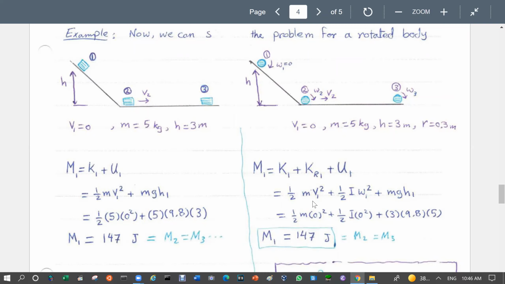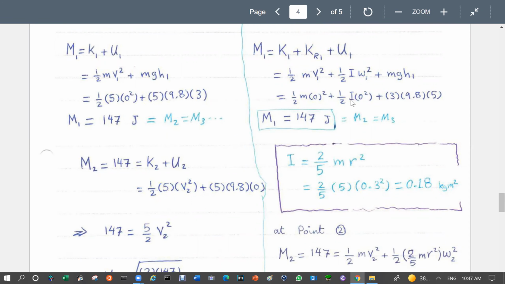So the velocity is 0, the angular velocity is 0 too, and the mechanical energy will be equal to the potential energy, which is the same as before, 147 joules, equal to the mechanical energy here and here. This concept is called, as we saw before, the conservation of energy.